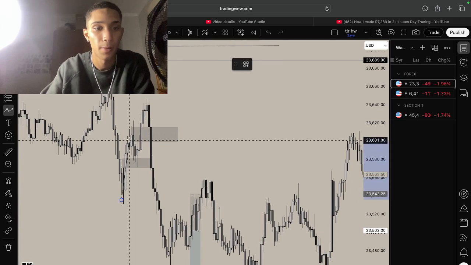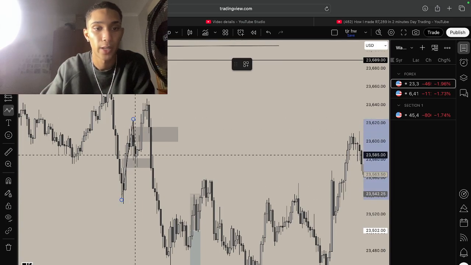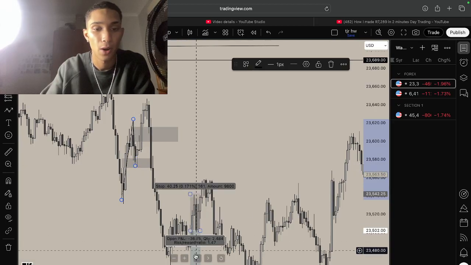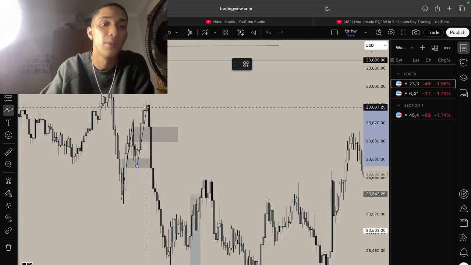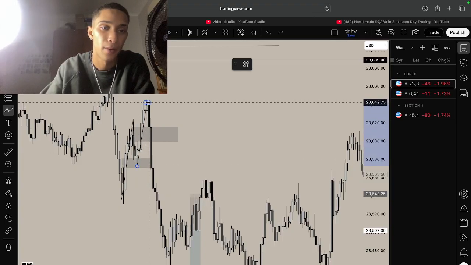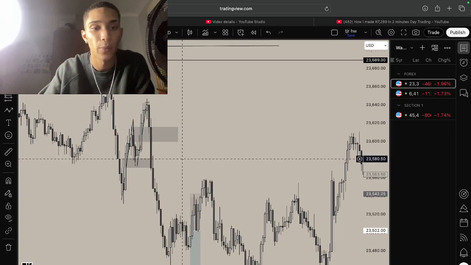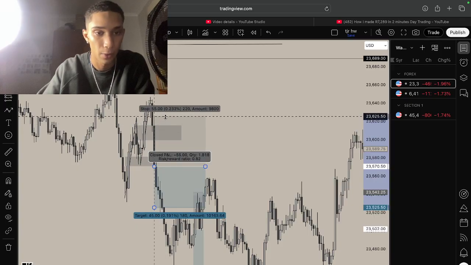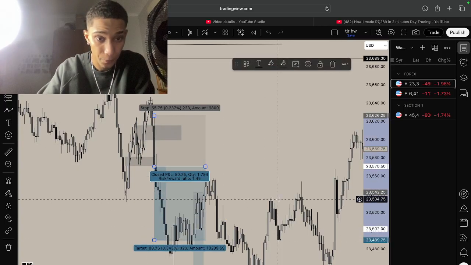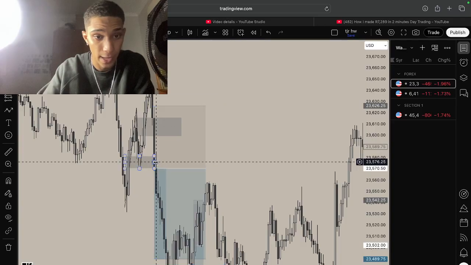It pushes up, creates a low inside this gap. And then after creating that low, we have a completely new manipulation leg higher. And in this circumstance, the inversion inversed both manipulation legs. So here, if that was your entry that you decided to play, it inversed both of these gaps.